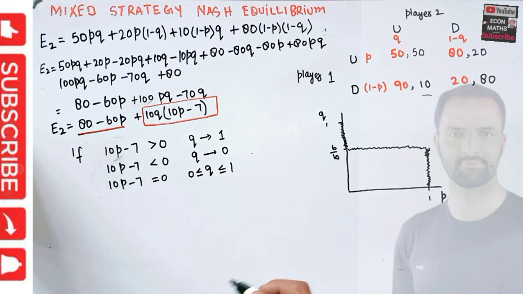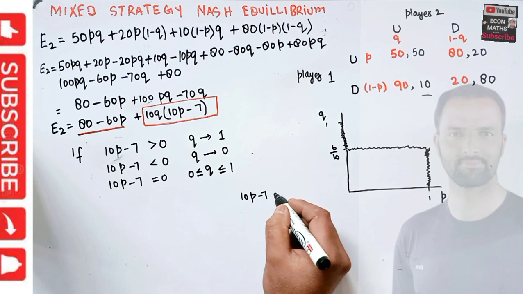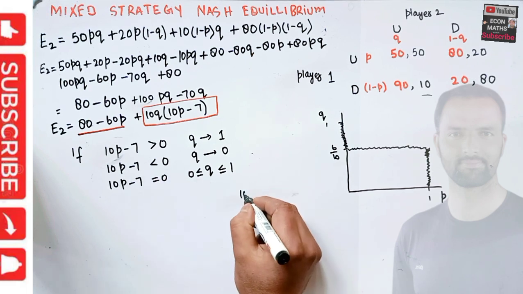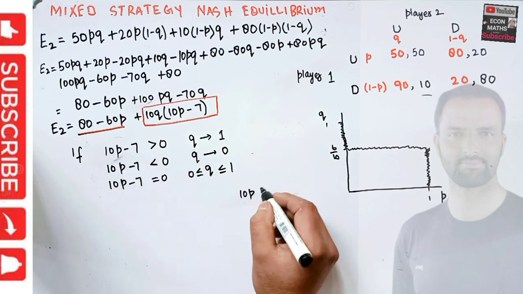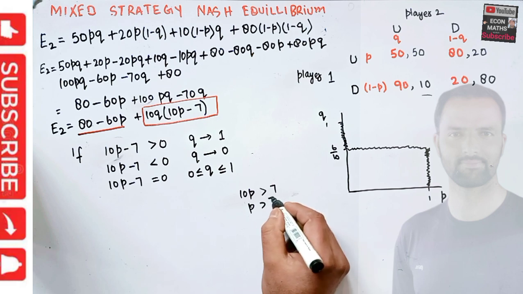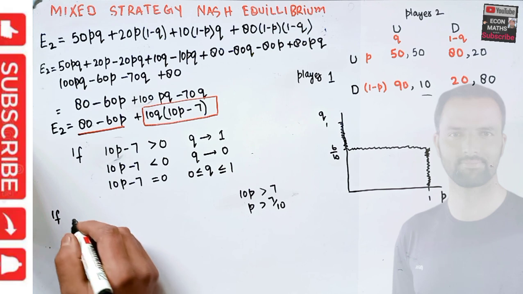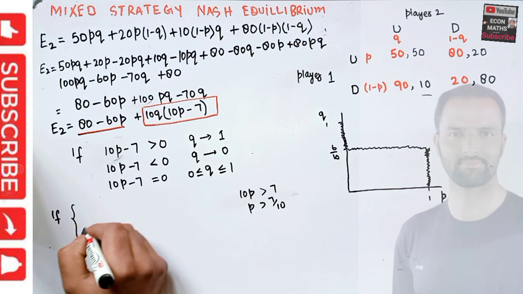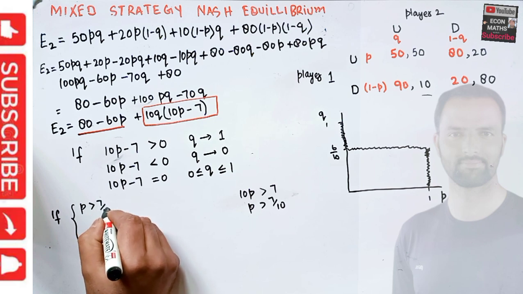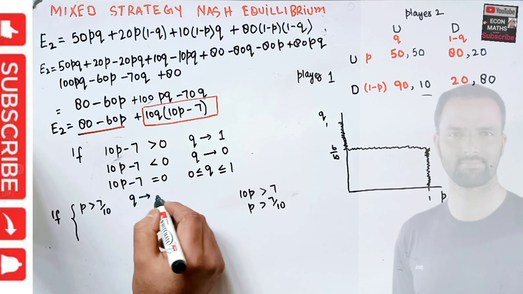Now let's solve it further. So if 10P minus 7, let me write it here. Transposing, we can write 10P greater than 7, or P greater than 7 upon 10. If P is greater than 7 upon 10, then player 2 will choose Q with probability 1.